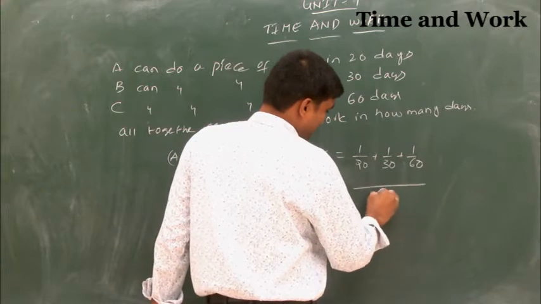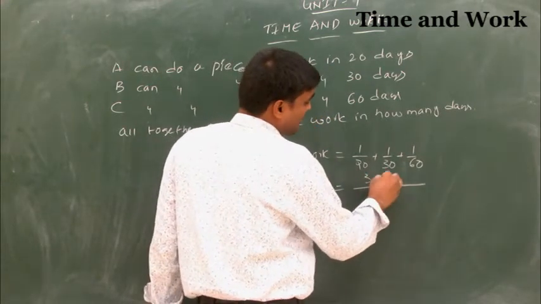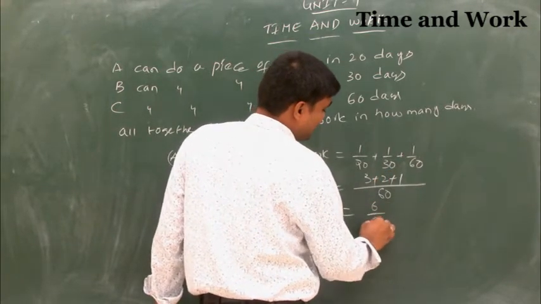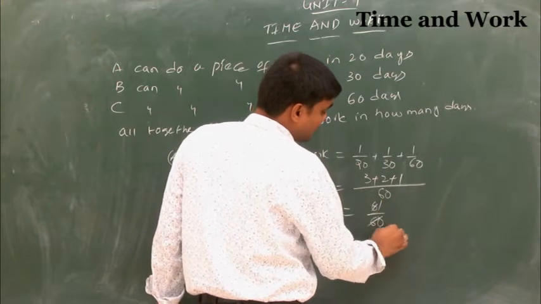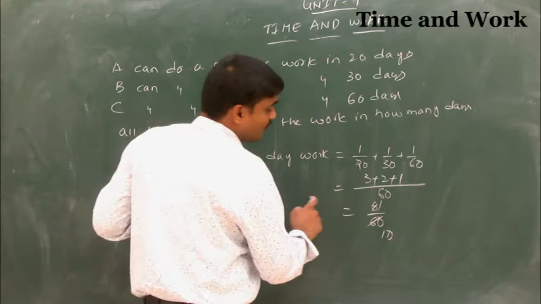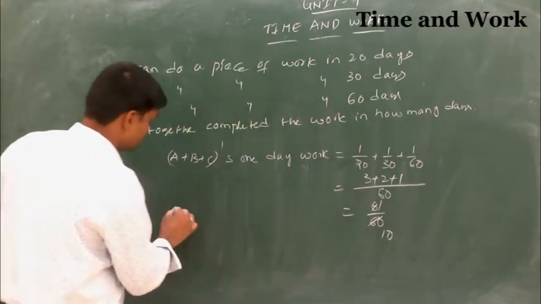So LCM is 60. So 3s are, 2s are, 1s are. So 6 by 60. 6 1s are 10s are. That means A plus B plus C's 1 day work is 1 by 10th part of the work will be completed in 1 day.